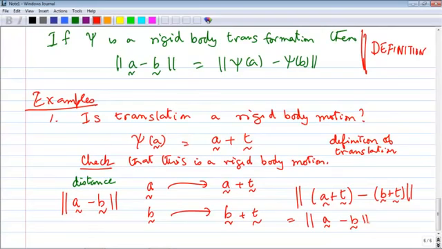So this was the old distance, and this is the new distance. The important point is that these two distances are the same. Phew, that's very comforting, and we have convinced ourselves that translation is a rigid body motion. Okay, let's take a break here.